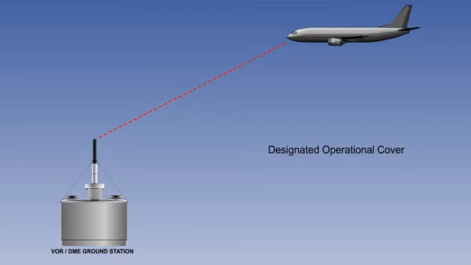This protects the DME from co-channel interference under normal propagation conditions. The DOC is specified as a range and height, for example, 20 nautical miles at 24,000 feet. The use of a DME beyond its DOC limitations may result in range errors.